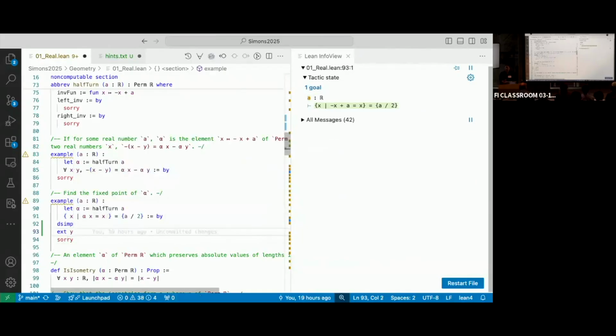We used it before on the equality of two functions. I'm showing you now that it can also be used for the equality of two sets. If you want to discuss with me over lunch, we can explain why in Lean a set is actually a function, and that therefore makes sense.